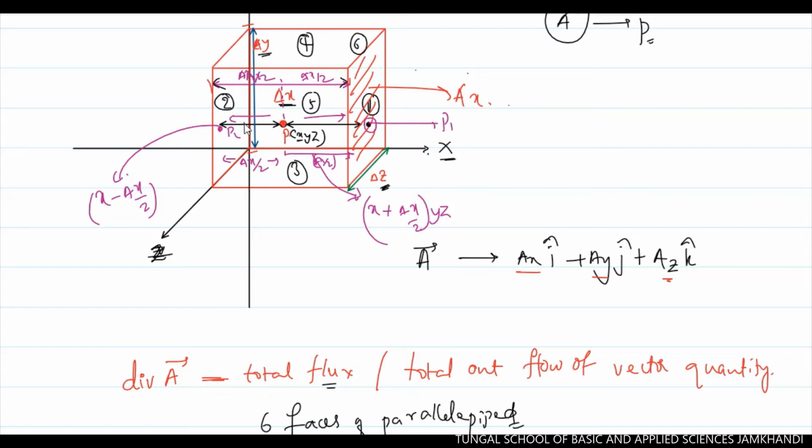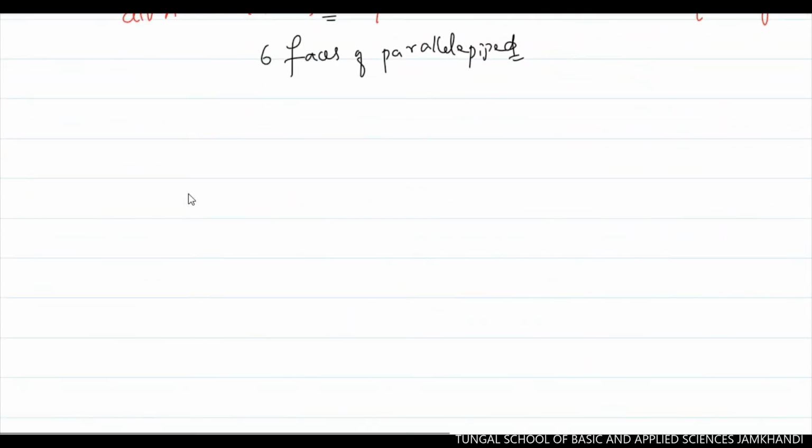So that's why, if I define the coordinates of these same two points in both the faces, for the first face the coordinates of that point P are x plus delta x by 2, y, z, because y and z are the same for that particular point.